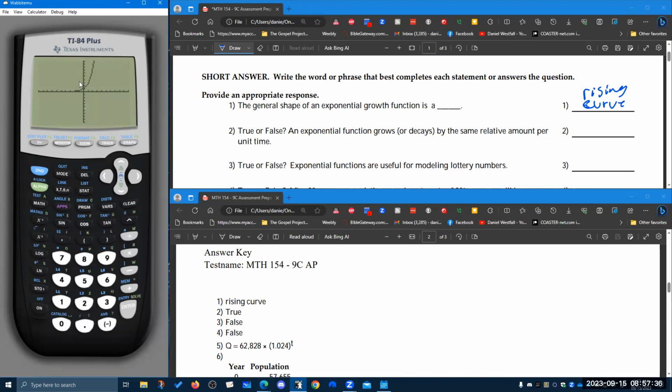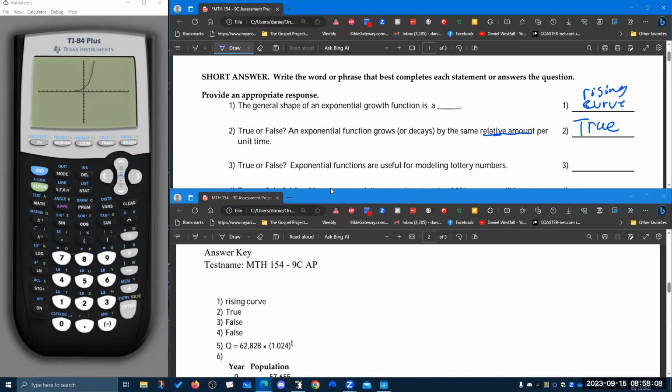So when I have not much of something, the rate of change is small. When I have a lot of the thing, the rate of change is big. So that's what they mean when they're talking about the relative amount. They're talking about a percent change. And that is true, that the percent change is what determines the exponential rate of growth here. So this is true.